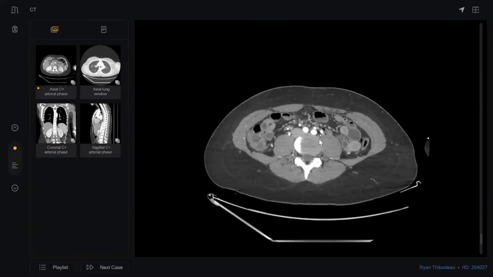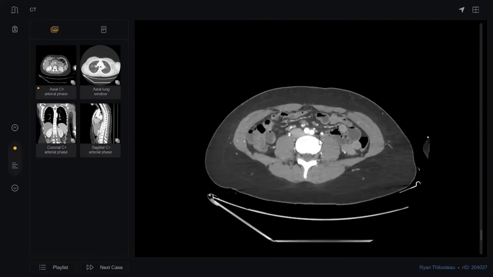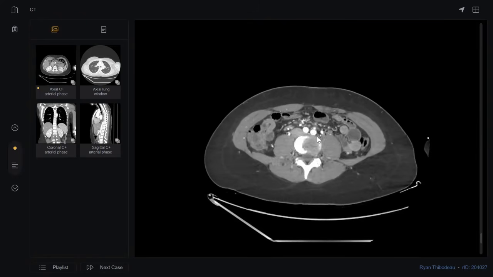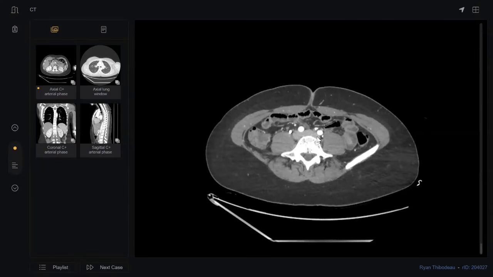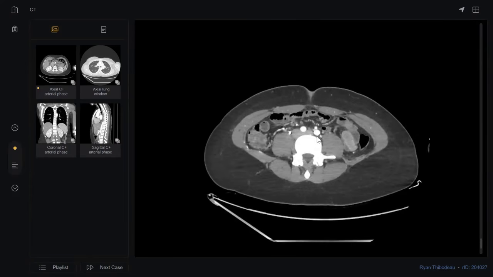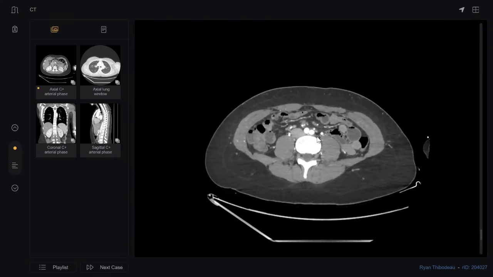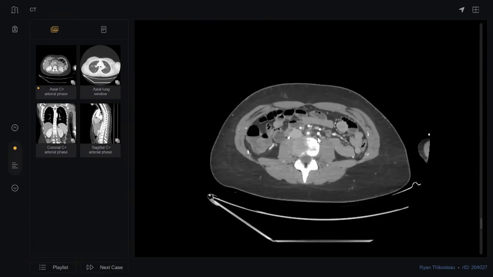At the bifurcation, the bilateral common iliac arteries bifurcate normally. So there is circumferential soft tissue thickening around the aorta, starting from the upper abdominal aorta just below the celiac axis and going down to the level of the aortic bifurcation.